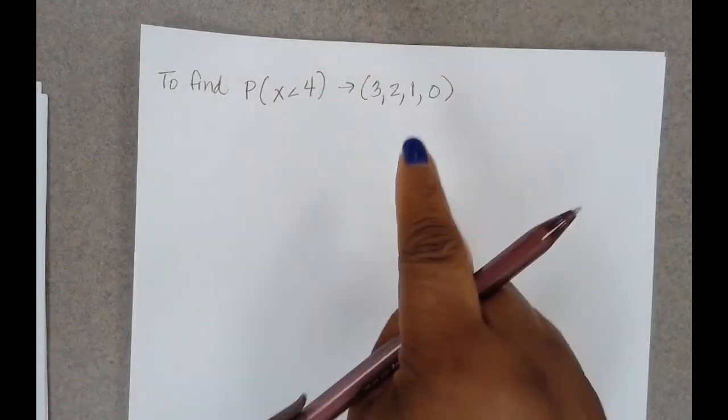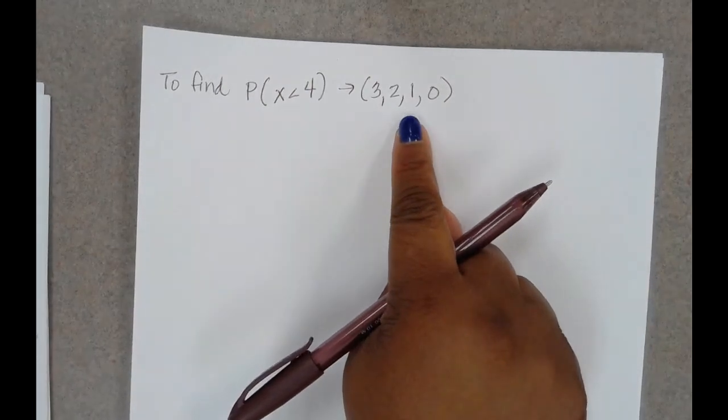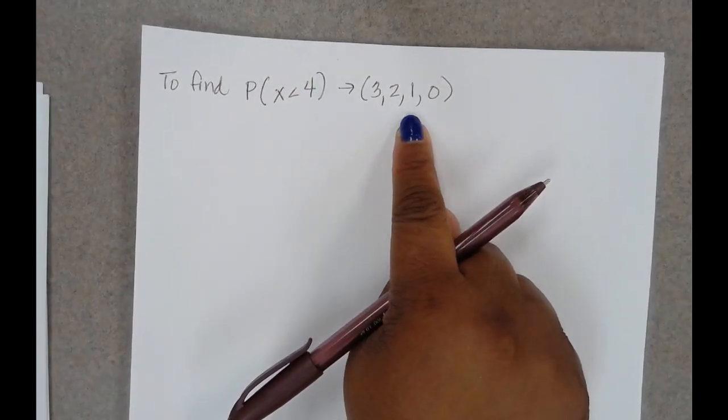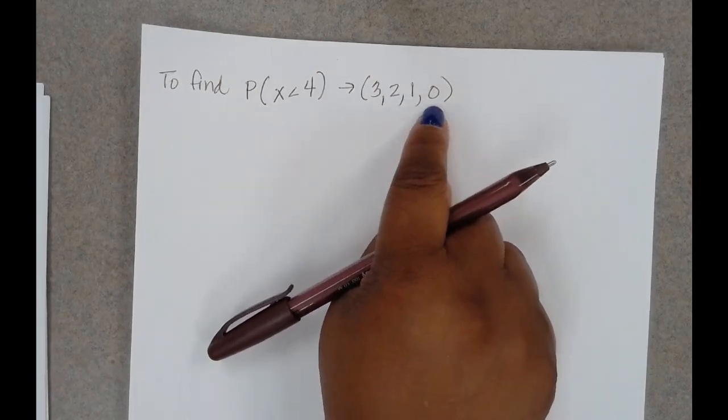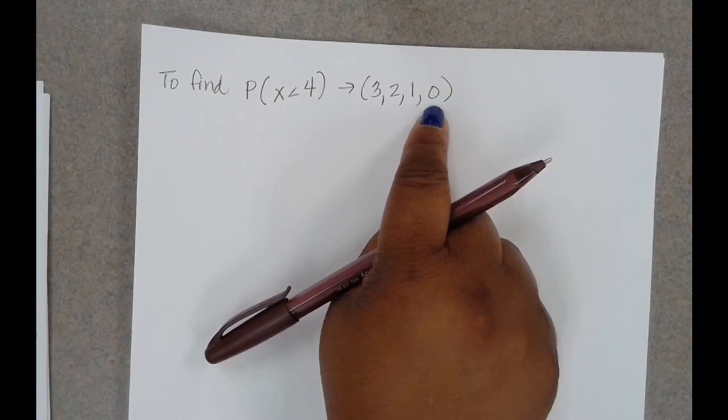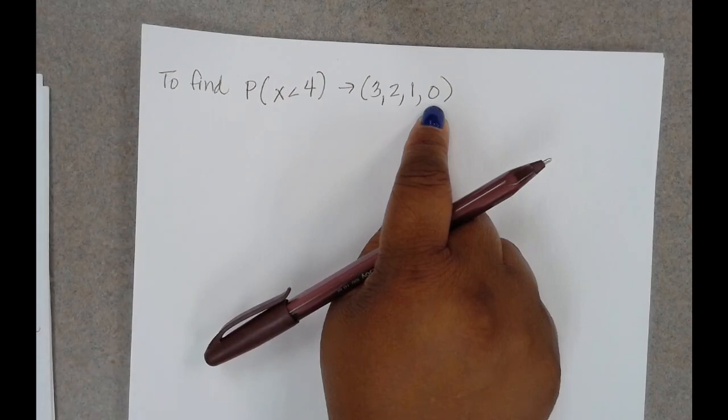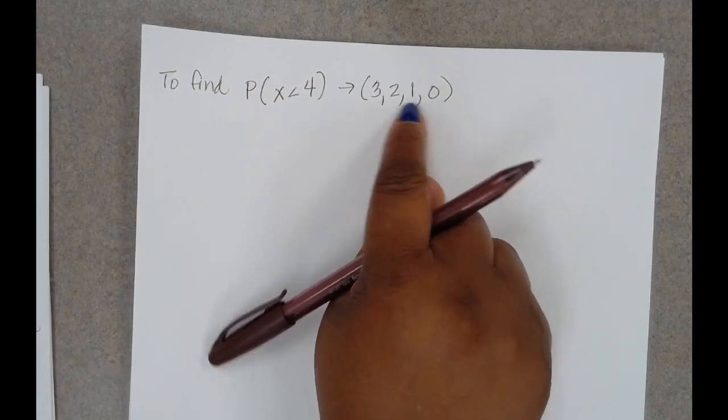Can we rewrite this using the less than or equal to inequality symbol to represent this set of numbers? I'm going to pause and see if you can write an inequality statement using the less than or equal to symbol to represent this set of numbers.